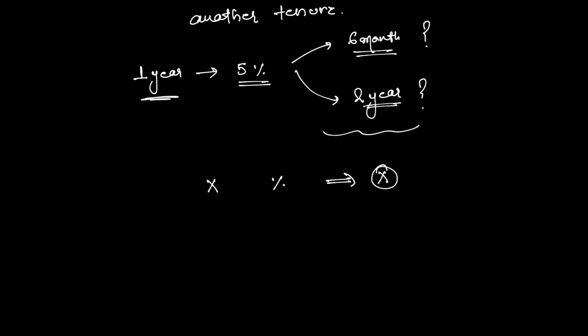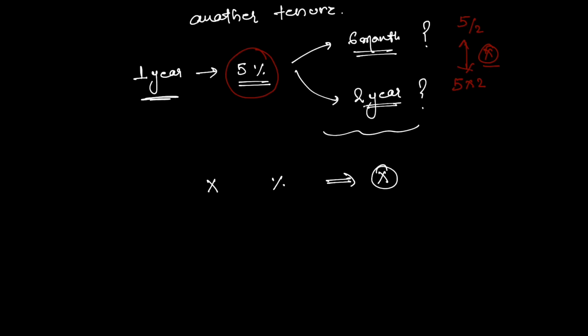What it means is that if the effective interest rate of 1 year is 5%, then the effective interest rate of 6 months is not 5 by 2, and the effective interest rate of 2 years is not 5 into 2. These steps are not allowed in the conversion from one effective interest rate to another.